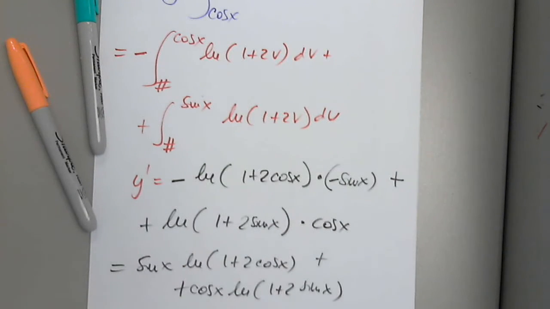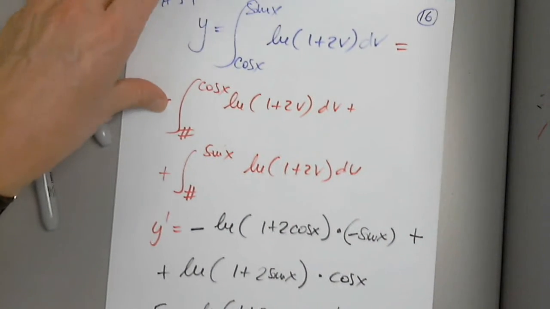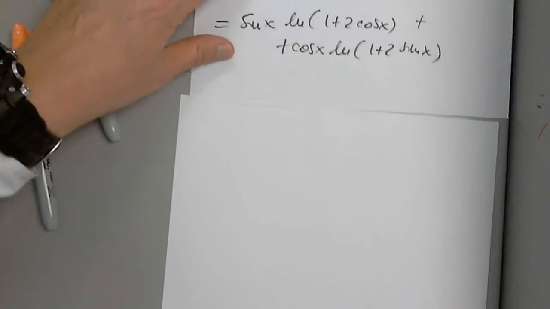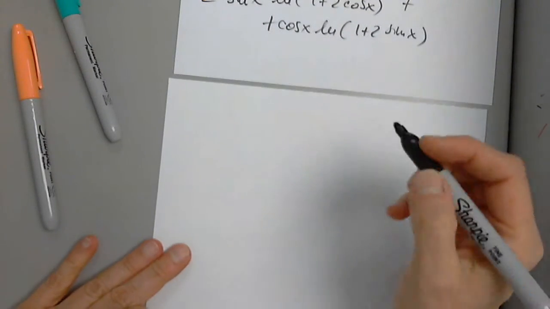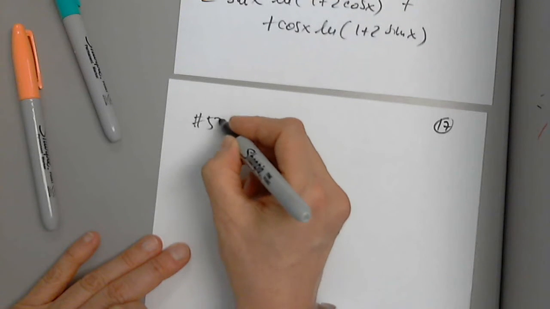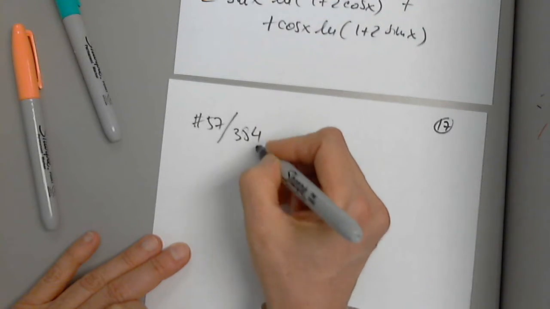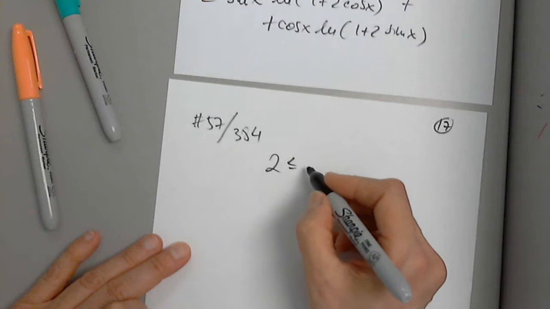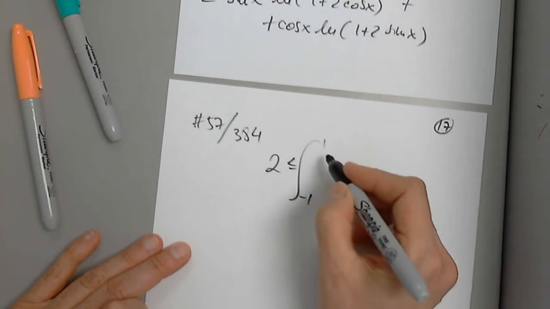So here we're only asked to use the properties of the definite integral, not calculate the integral. Here it is, 57 on page 384, and they're asking us to show that this is true.